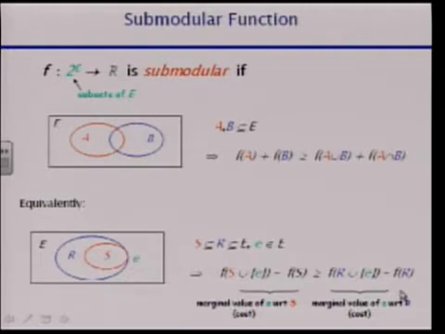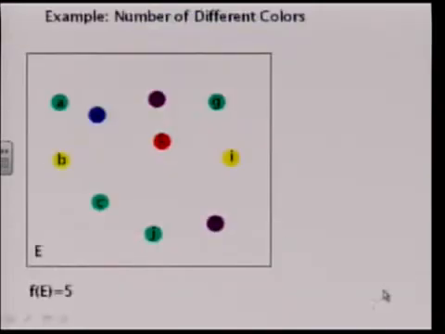So that's actually the formal mathematical definition of the submodular property of a function. This is not so intuitive to recognize for such a problem. If you have a real-world problem, you have to prove that it satisfies this.